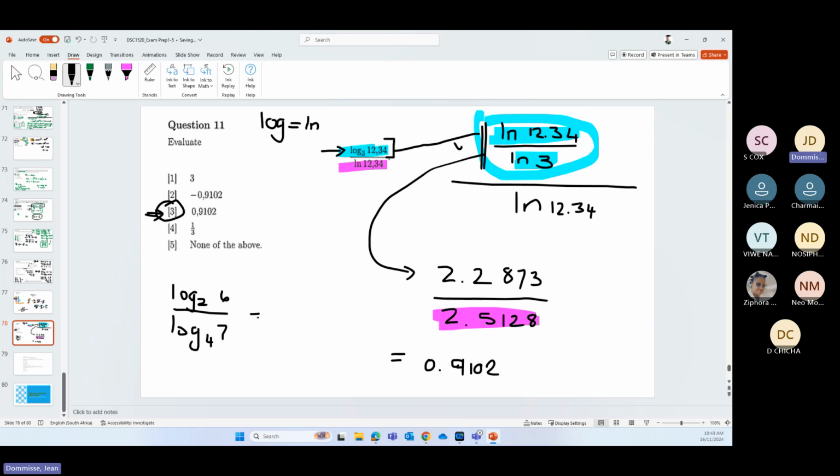Then you treat it, again, if you don't have a cool calculator, you treat it as log 6 over log 2 for the top one. So that one covers that. Then you divide it by log 7 over log 4.